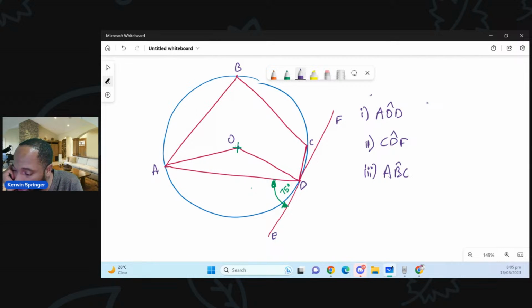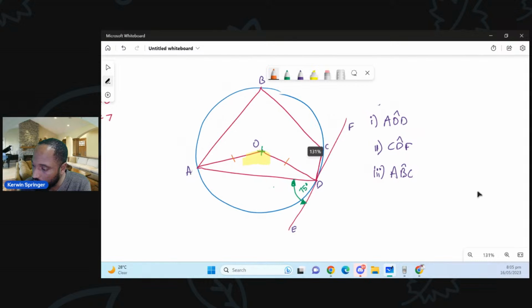So what's the size of angle AOD, CDF, and then ABC? AOD is this angle over here. I'm already seeing that this has to be an isosceles triangle. So let me separate that.